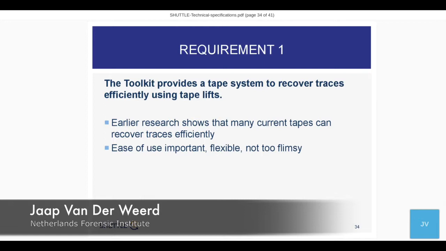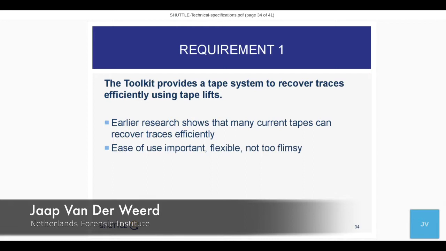Many current tapes can recover traces efficiently. And of course, with tapes, it will be important that the tapes are flexible, that we can use them to recover traces from many things. Some might be garments, but might also be knives, might be tabletops, might be bus seats, might be things that have a curved surface.